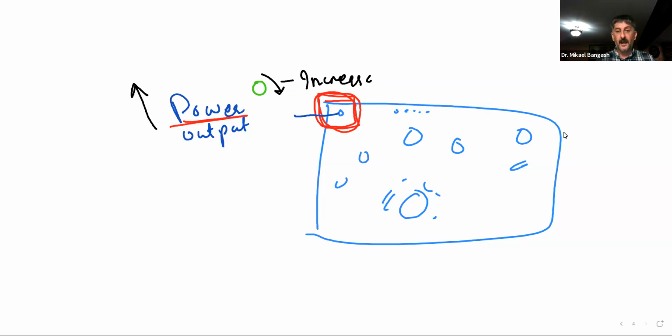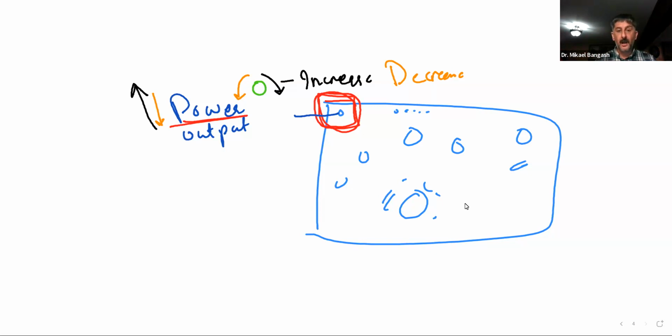Whereas if you turn it the other way around, anti-clockwise, it is going to decrease. You reduce the amount of sound or electrical energy transferred to the transducer, and you produce a low power sound wave, or a low energy sound wave.